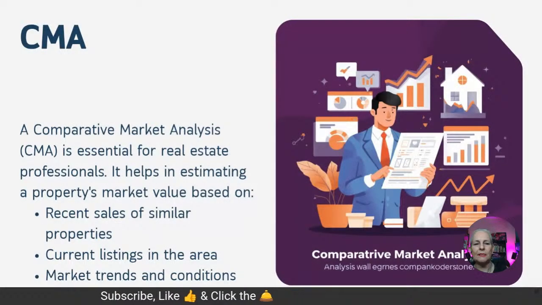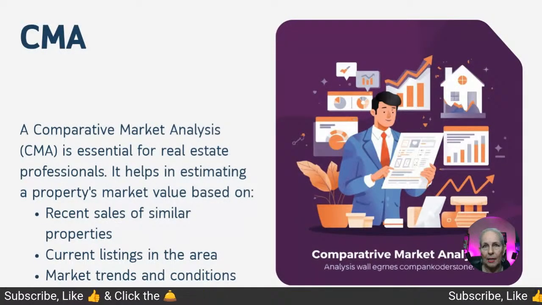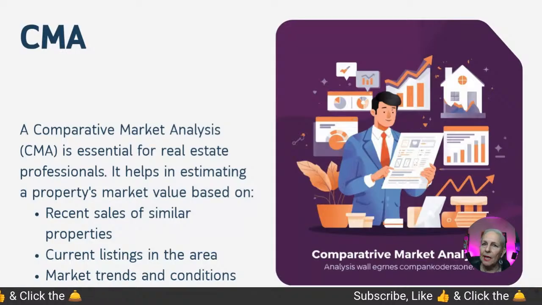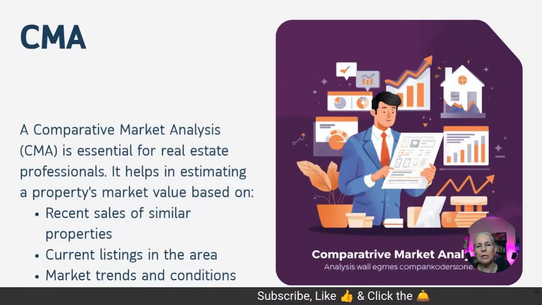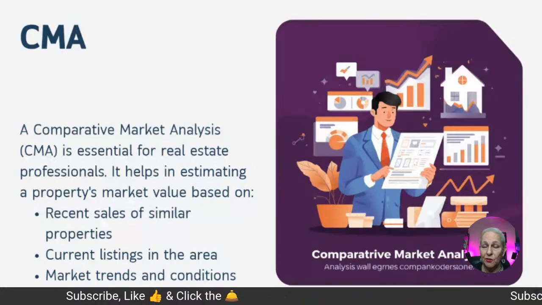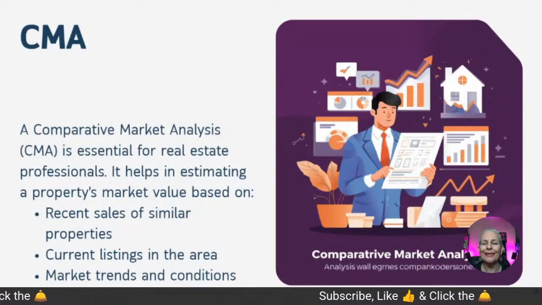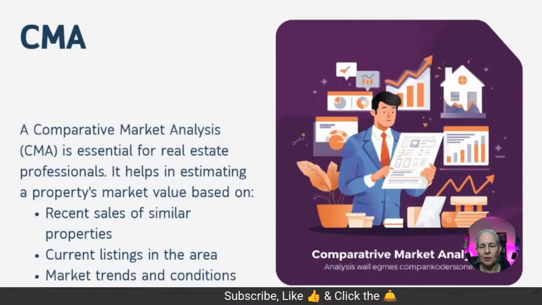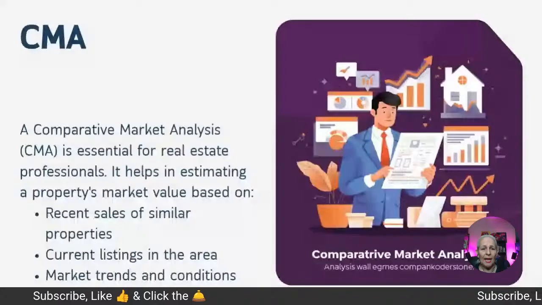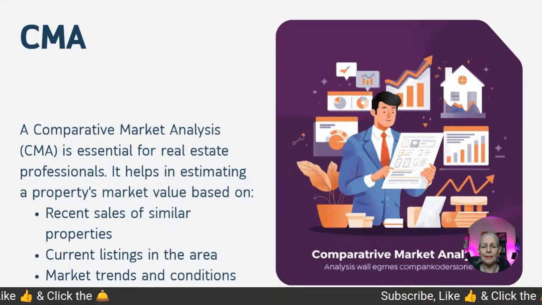It helps in estimating a property's market value based on recent sales of similar properties. And we usually say, what is recent sales? Within the last 6 months. If the market is changing quickly, then it might be within the last 3 months. Current listings in the area. So that's the owner's competition. And then market trends and conditions.